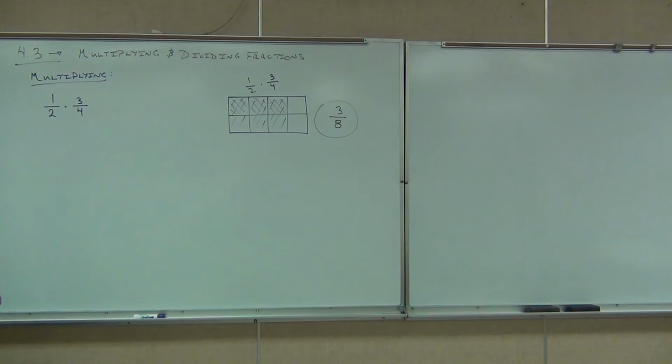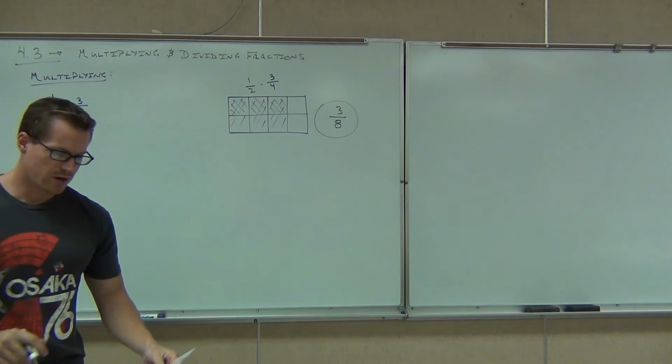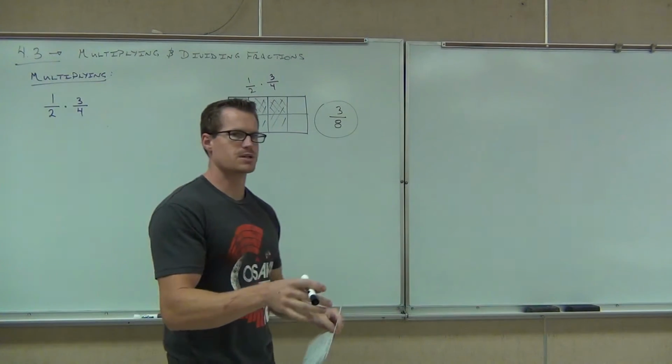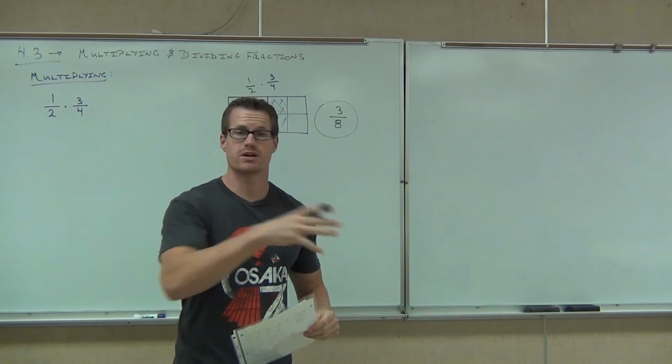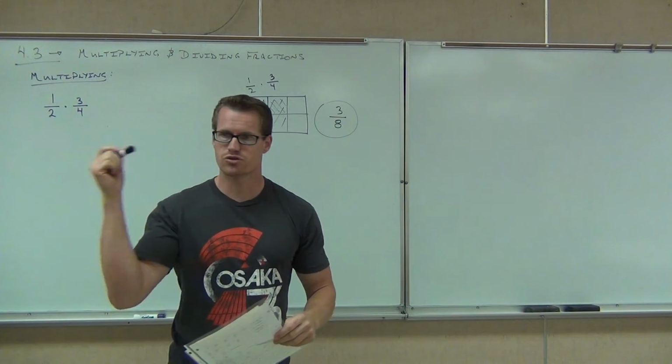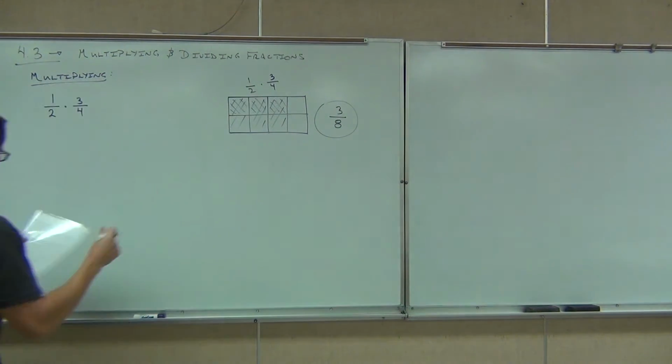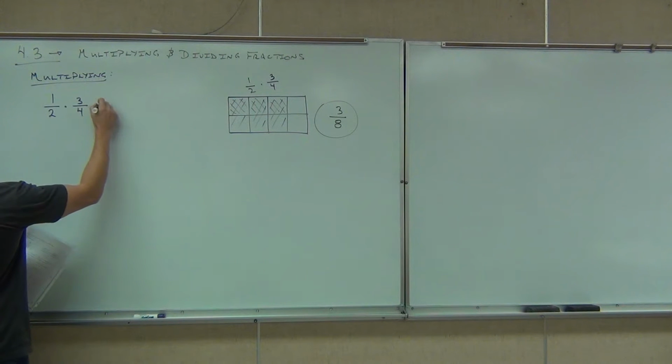So when we multiply fractions, we simply do the numerator times the numerator and the denominator times the denominator, or multiply the numerators and multiply the denominators. Some people say we multiply straight across. That's fine to think of it that way. Go straight across our fractions. So this equals 3/8.